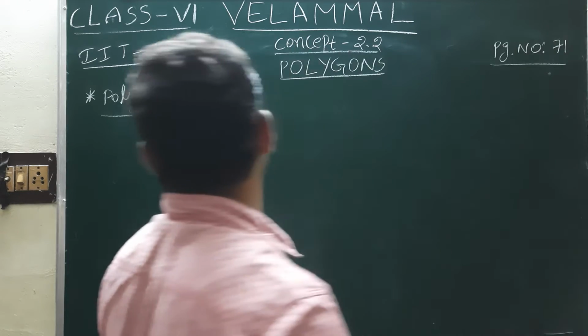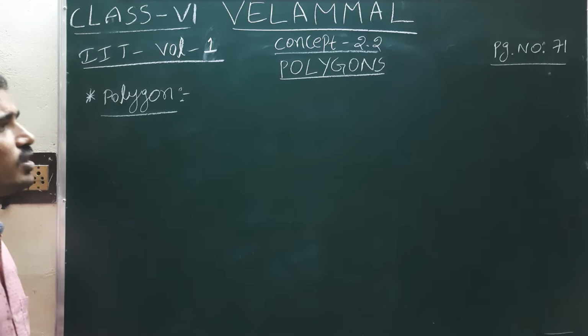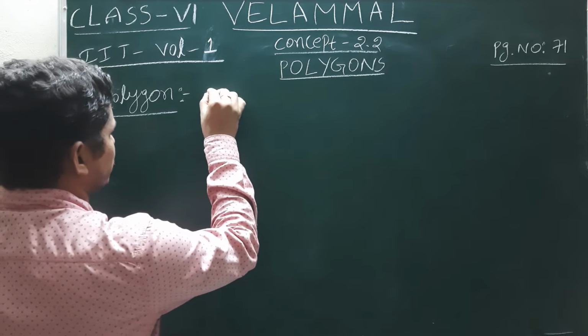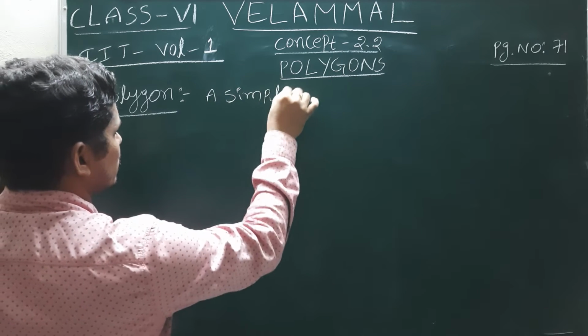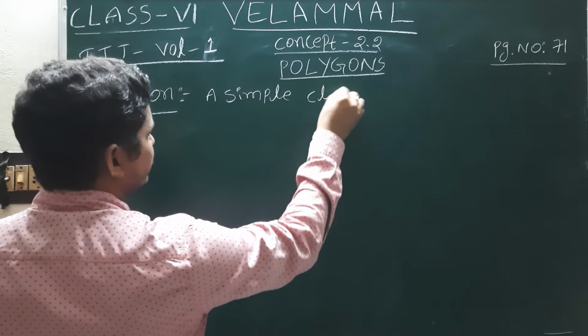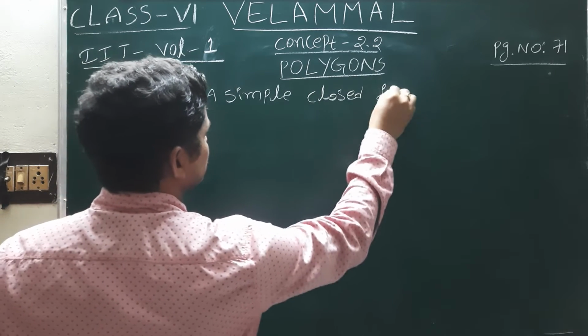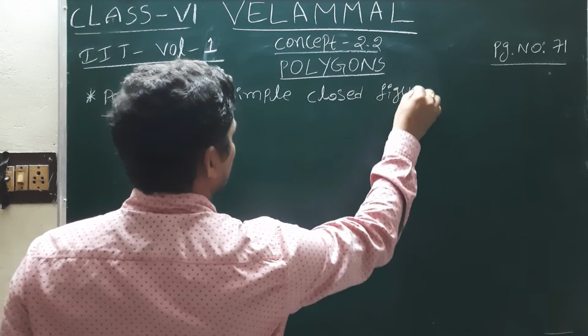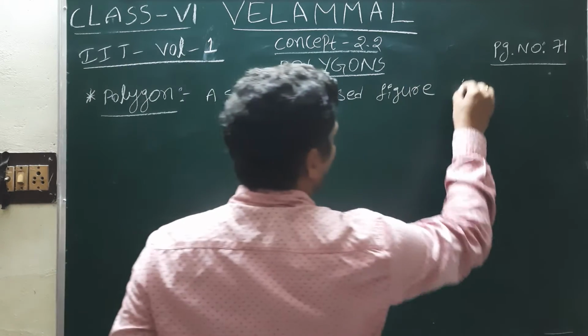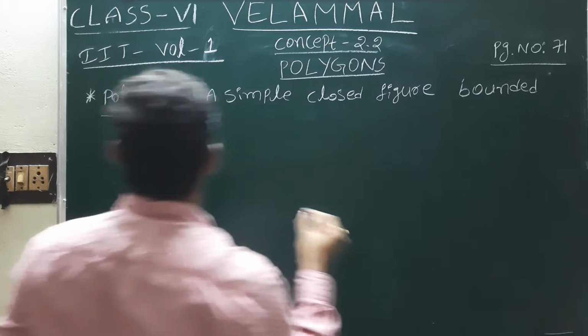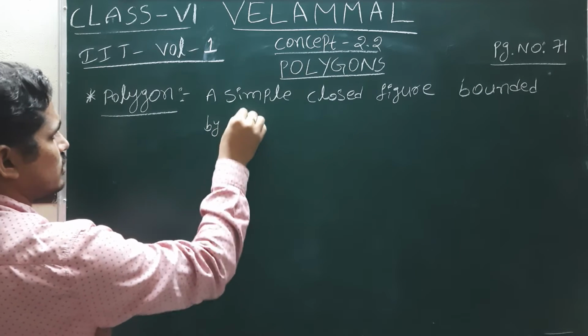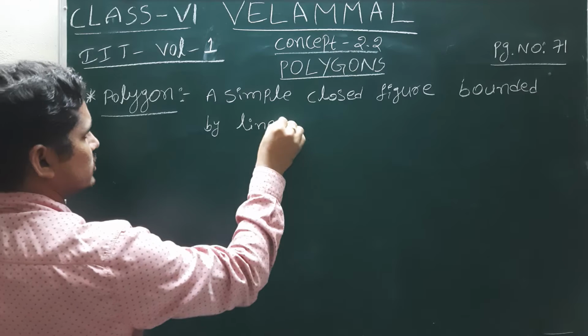Okay, in that polygon, already we completed that. What is a polygon? A polygon is nothing but a simple closed figure bounded by line segments.